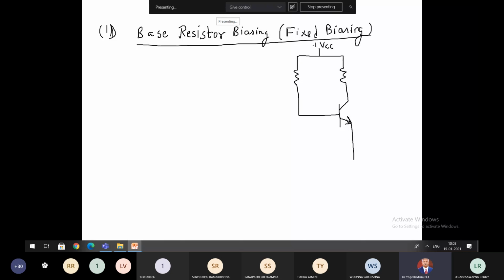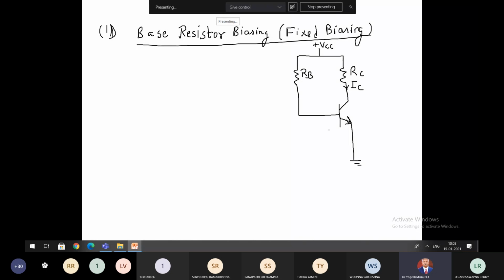Positive terminal of the battery will be connected here. This resistor is RC, this resistor is RB. So in this collector terminal, one current is flowing, IC.